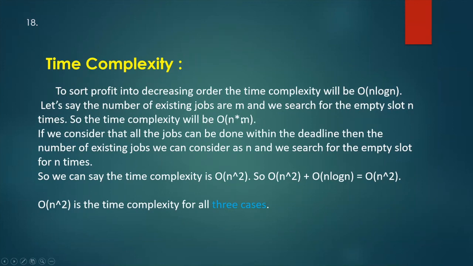If we consider that the number of jobs and the deadline are the same, the existing jobs are n, and we are searching for an empty slot n times. So it will be order of n times n, I mean order of n square. This is the time complexity for all three cases: best case, worst case, and also average case.